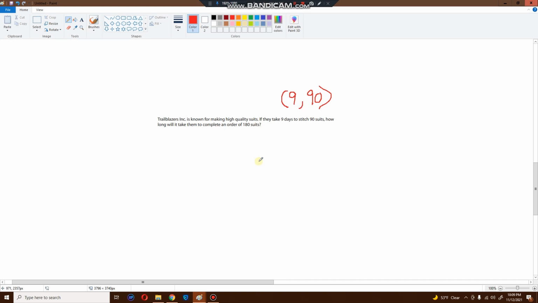I am going to use my direct variation equation, y equals kx, and plug in my values, x and y. So it's going to be 90 is equal to k multiplied by 9. When you multiply this out, I get 9k is equal to 90.